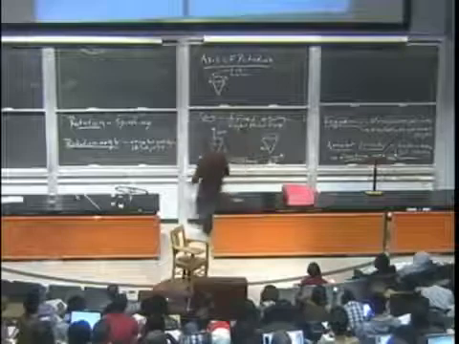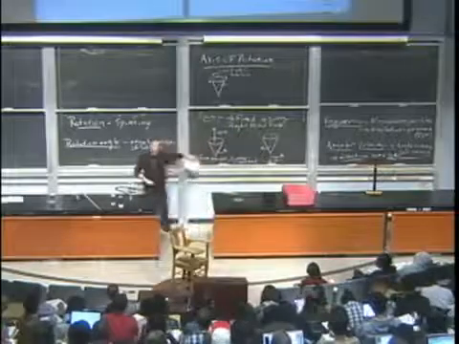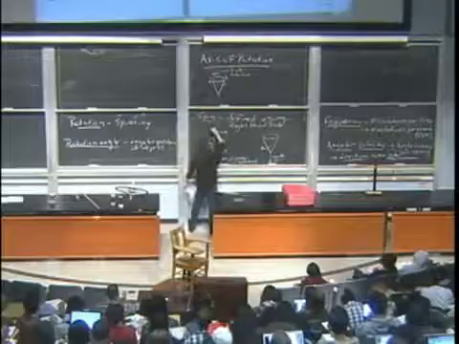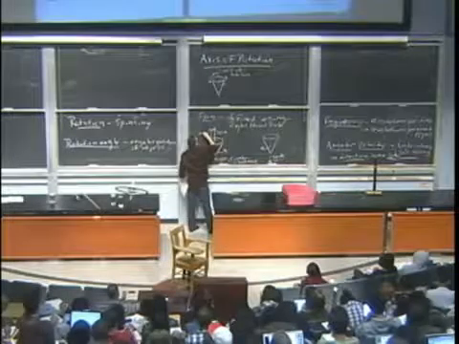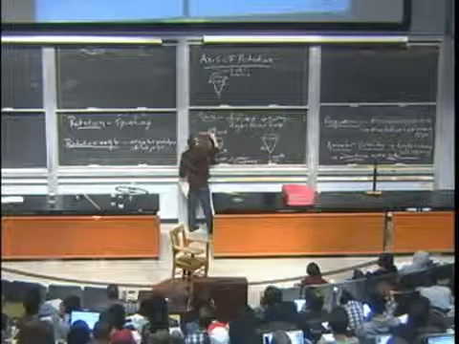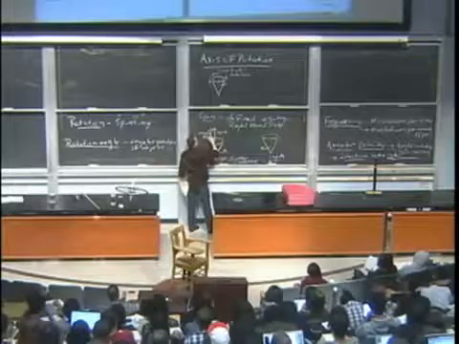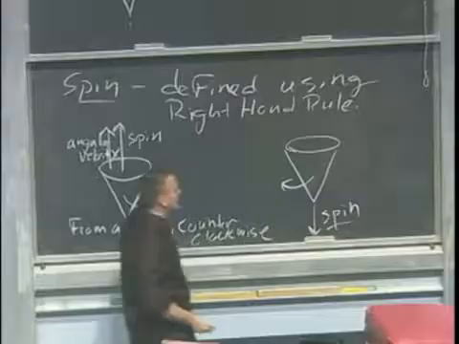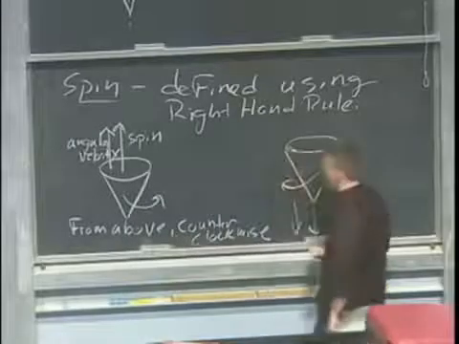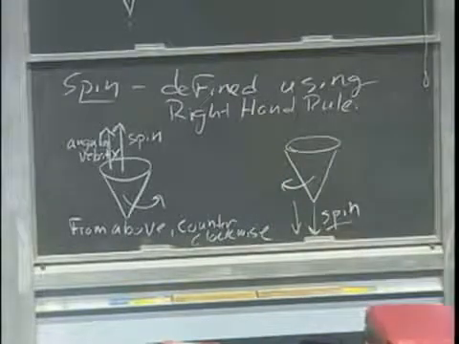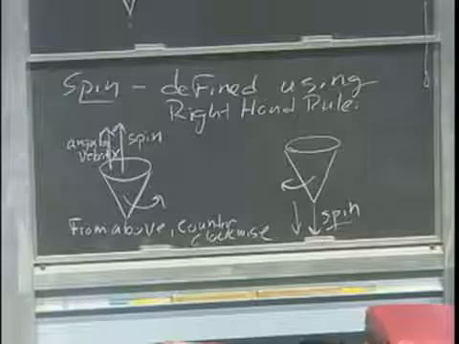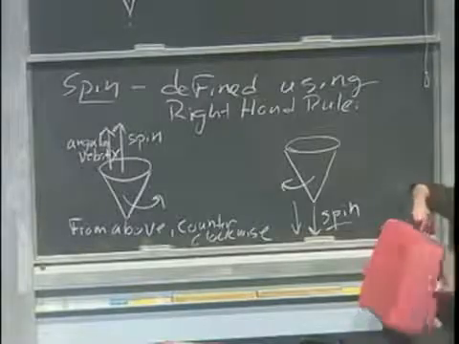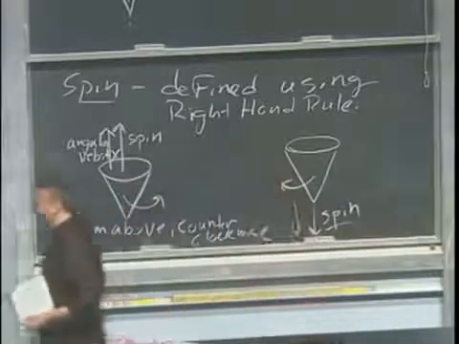So if we went back to these two diagrams over here, we would say this one has an angular velocity pointing upwards in the direction of spin, and this one has its angular velocity pointing downwards, just for our convention. I think this is slowed down enough I can move this.